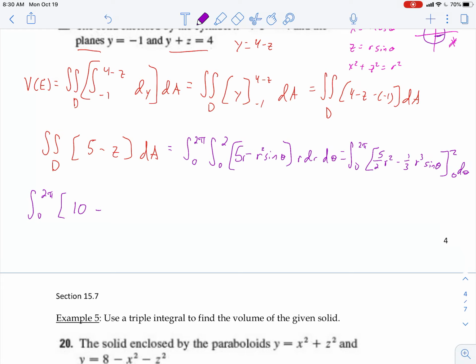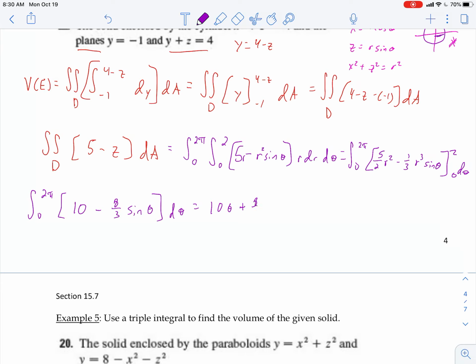Plug in 2, so 2 squared is going to be 4. 4 times 5 halves is going to be 10. Minus 1/3 r cubed. r cubed is 8, so minus 8/3 sine theta, from 0, d theta.